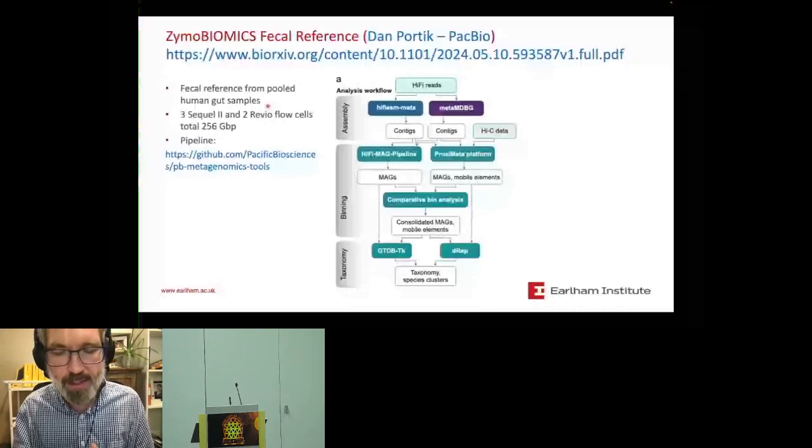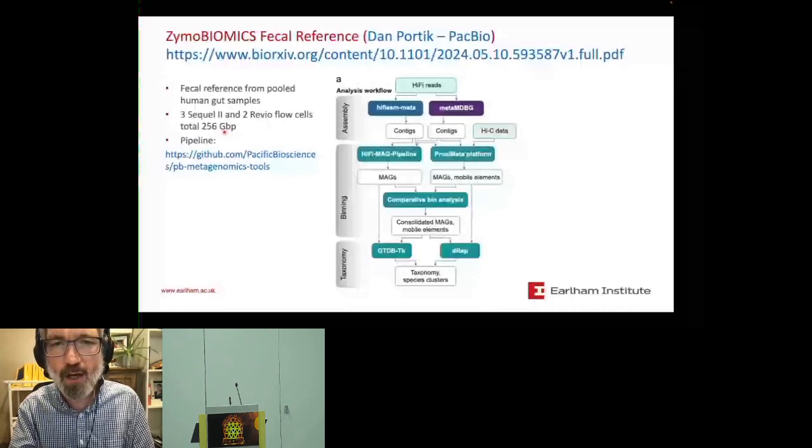This is a mixture of human gut samples, which may have undergone some enrichment, where they did really deep HiFi sequencing. They did 3 Sequel II flow cells, 2 Revio flow cells, a total of 250 gigabases of sequence data. They also did Hi-C for this sample, which I mentioned earlier, that proximity ligation.